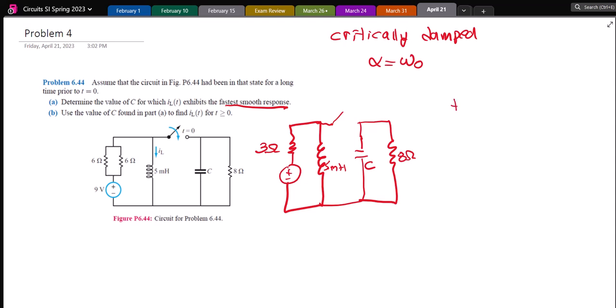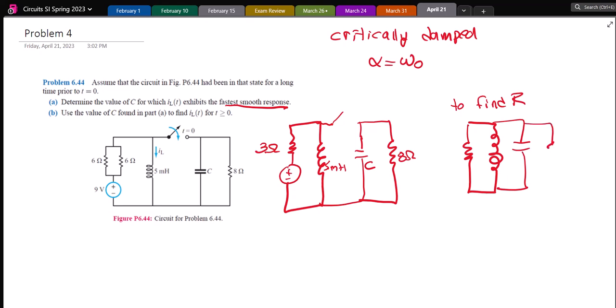So to find R, we would look at this, where that's 8 and that's 3. You can see that the 8 and the 3 are in parallel. So R equivalent is product over sum, 24 over 11.